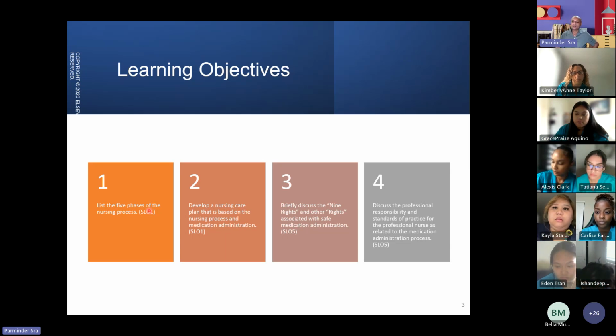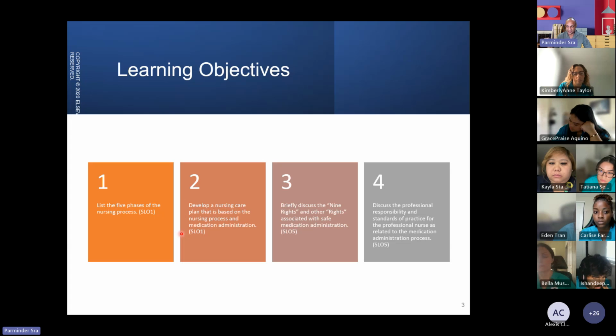So we'll go over the nursing process, which has the 5 phases, and then how it's important when you develop your nursing care plan and the rights of the medication, which are critical to keep your patient safe. And then we'll talk about nurses' professional responsibilities, the ethical standards, scope of practice, and all that.